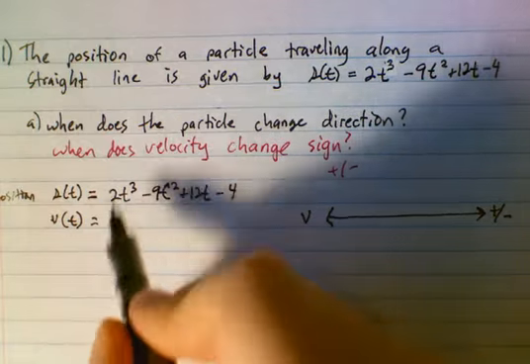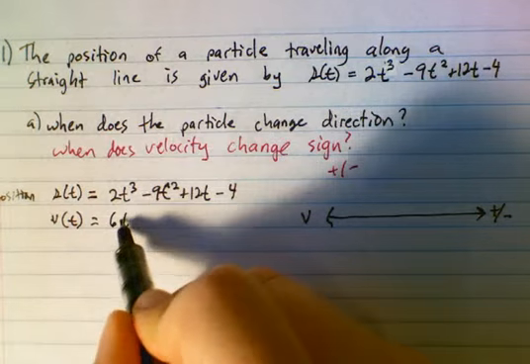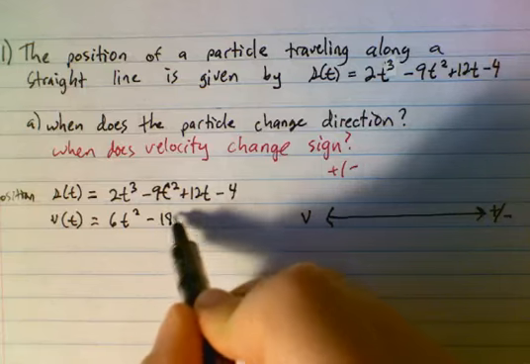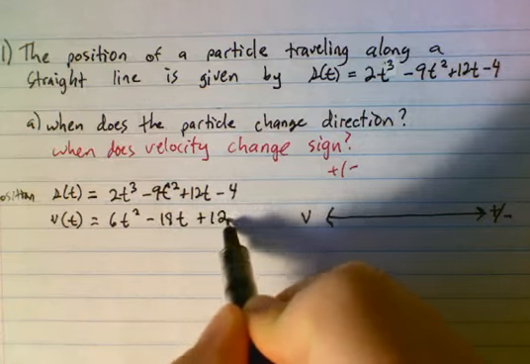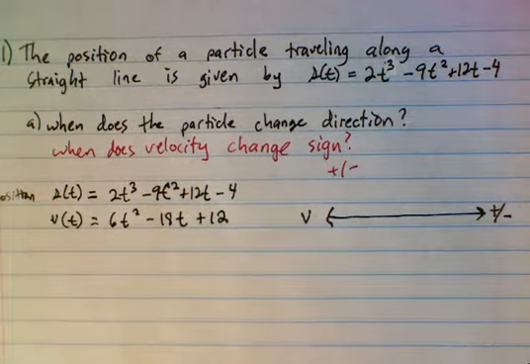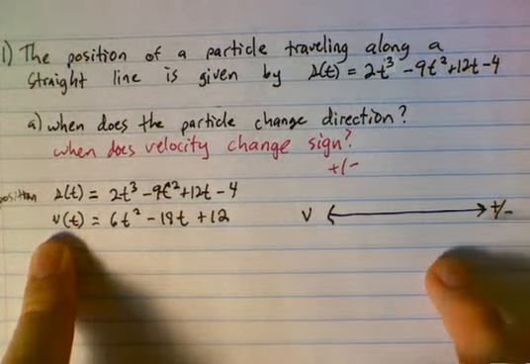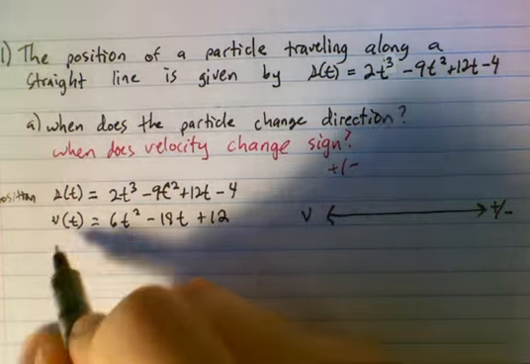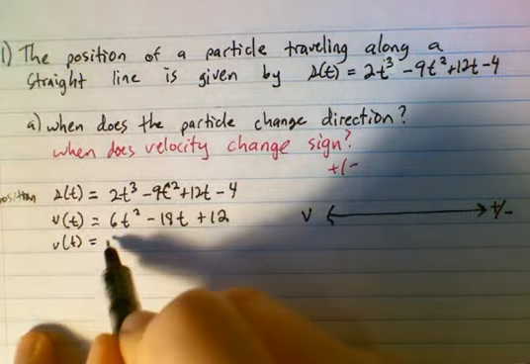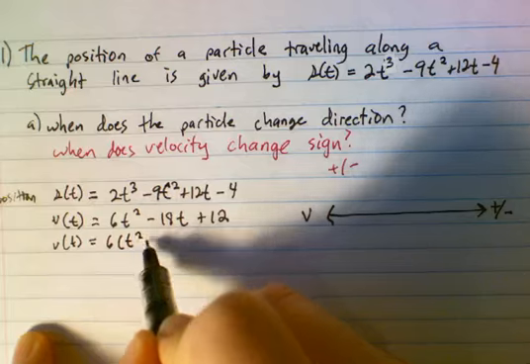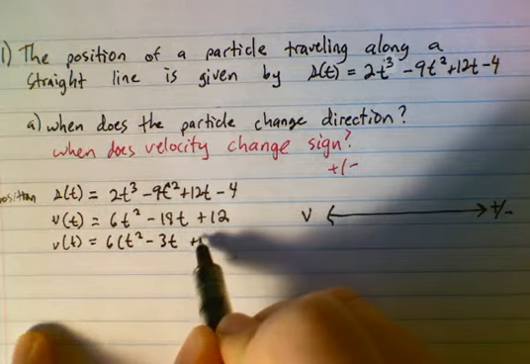V of t, I just bring down that exponent. And now, once I have this and this, I can figure out where this is positive and negative. So V of t, I can factor that.